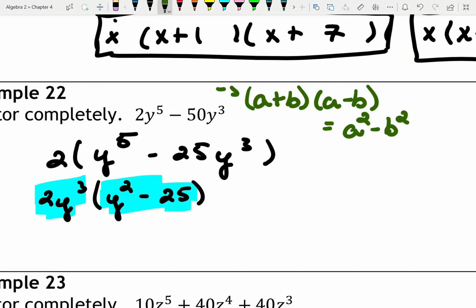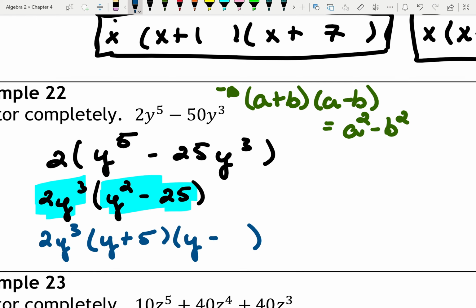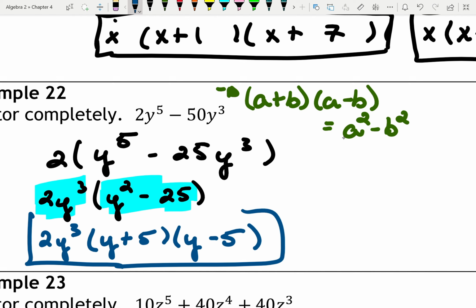And you might recognize that the a plus b, a minus b, those are conjugates, and conjugates cancel out the middle term. So right here what we have, we're going to have 2y cubed, and then because it's a difference of two squares, the y squared and the 5 squared, which is 25, we'll have y plus 5 and then y minus 5. And this here will be our factored form.